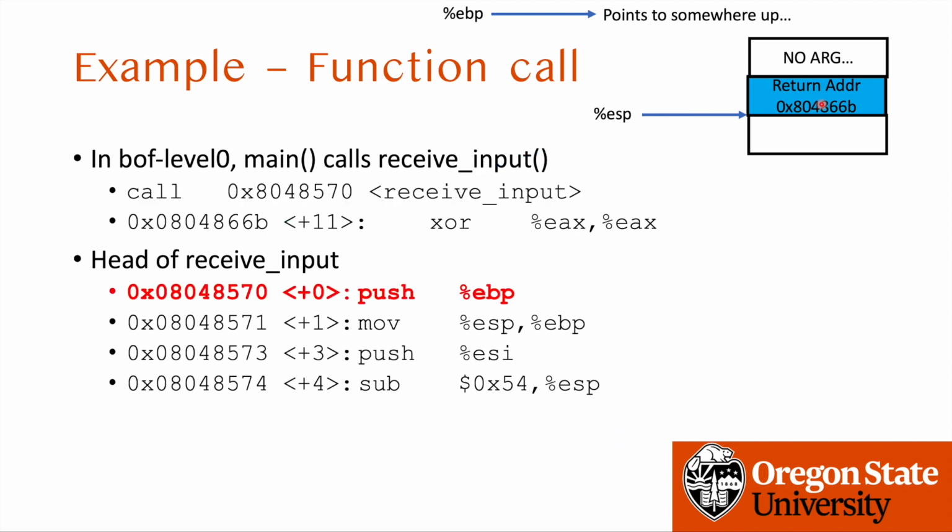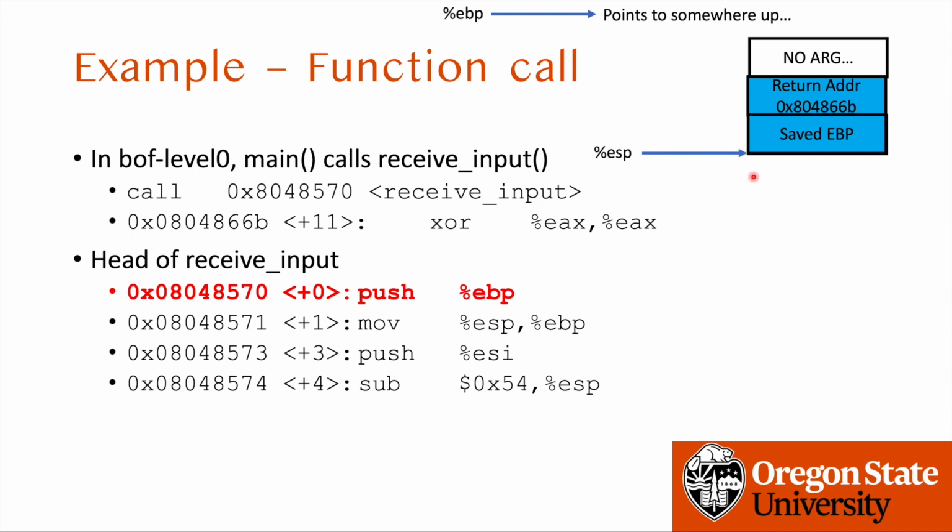After the function call, the execution hits the head of receive input, push EBP, so it will store EBP on the stack, something like this. Please note that the ESP moves one down because the instruction is push, so it automatically moves the ESP down 4 bytes, like this.